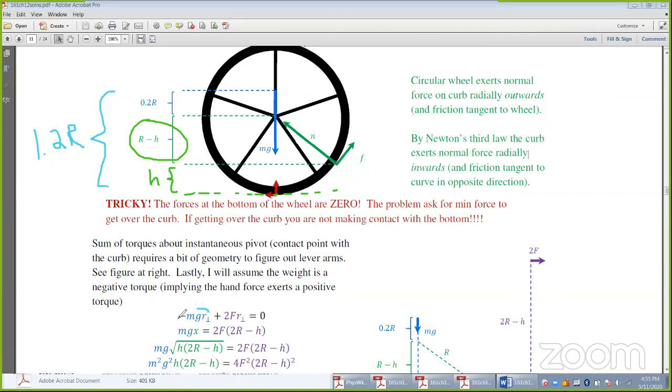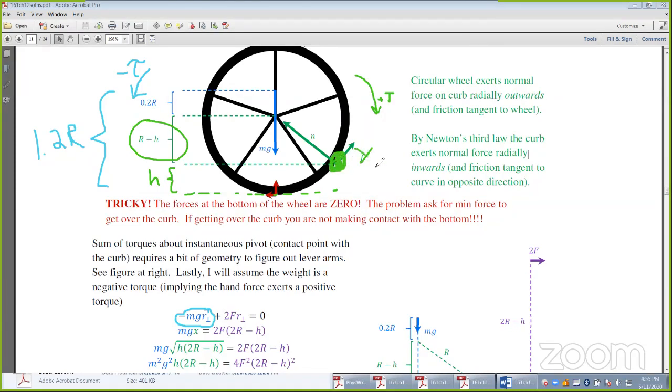Notice I try to do lever arms for this problem. I say the gravitational torque, so clearly I'm saying torques this way are negative. This is a negative torque, whereas torques this way are going to be a positive torque. And this is my pivot point.